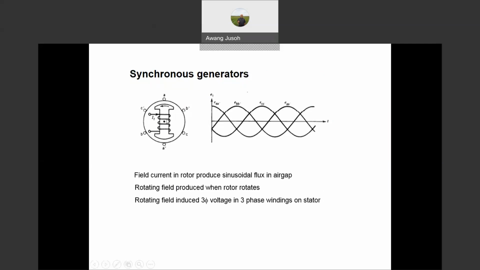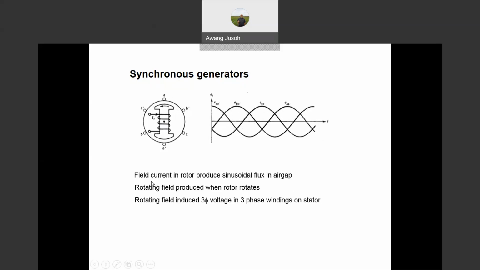This flux will cut the stator conductors and produce voltages E A, E B, and E C. A is the reference, so B lags by 120 degrees, and phase C lags by 240 degrees. This is very simple.